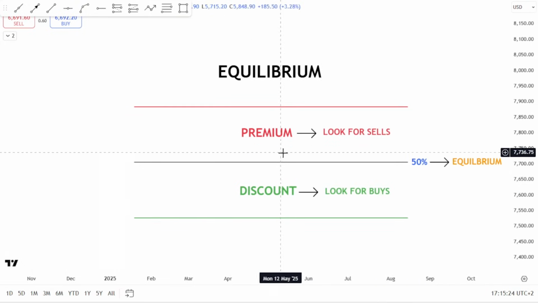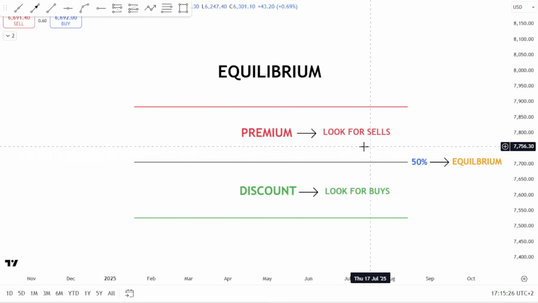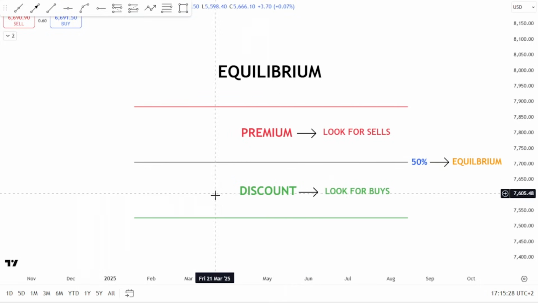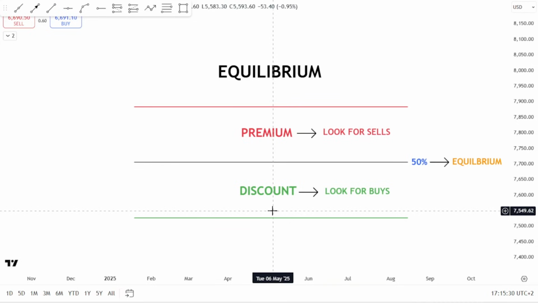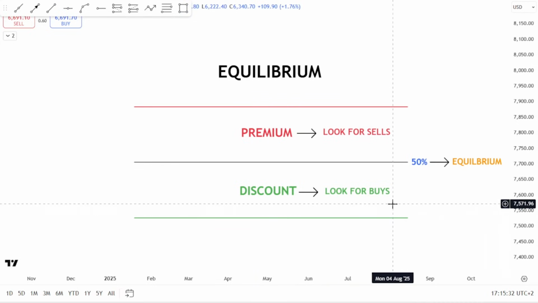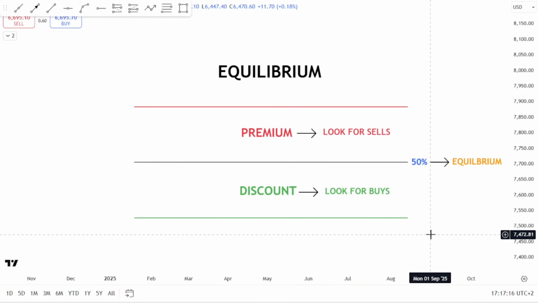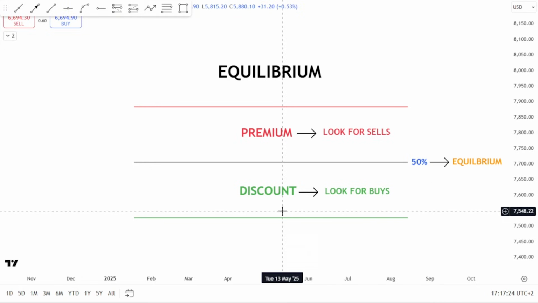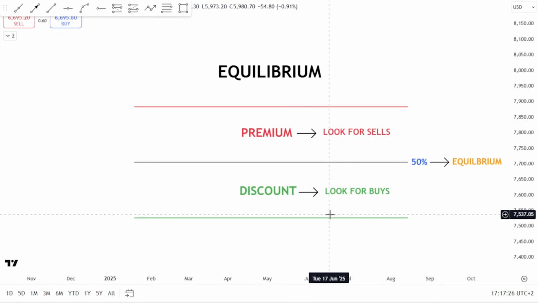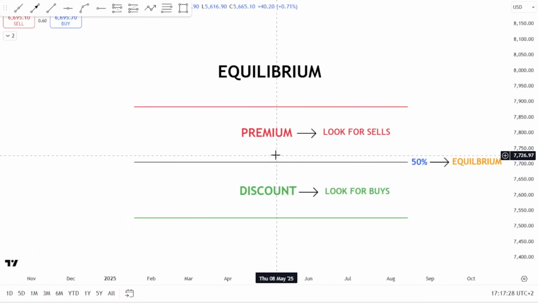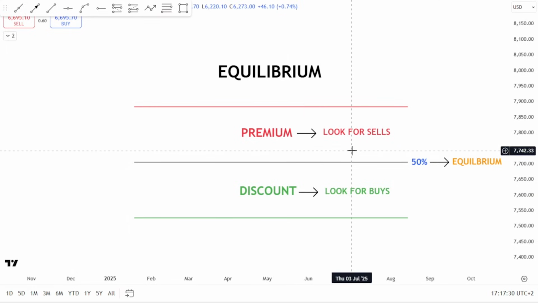Now, the premium zone is an ideal zone for traders to sell, and the discount zone is an ideal zone for traders to buy. And throughout your trading journey, you've heard the saying, buy low, sell high, and that applies to equilibrium. Buying low, which is buying at a discount, and selling high, which is selling at a premium.